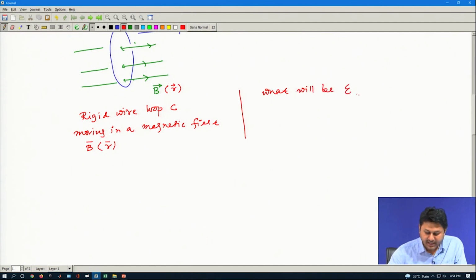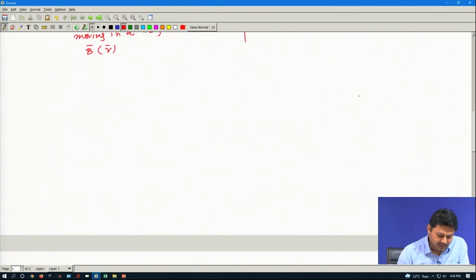So, the expression that I just derived, I am going to exploit here. EMF should be the closed line integral of F dot dl divided by q. E is not here.